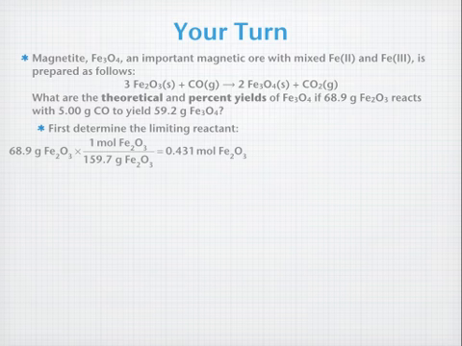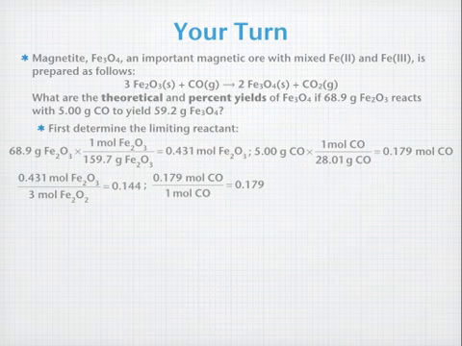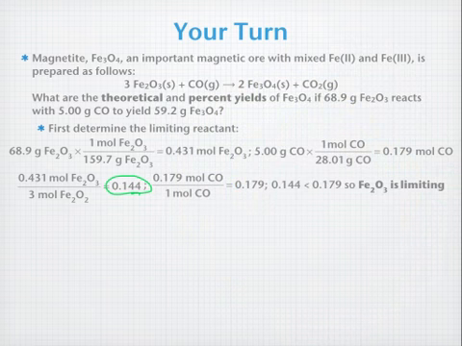So the limiting reactant, the moles of the Fe2O3 and the moles of the CO. Let's find those mole equivalents, 0.144 for Fe2O3, 0.179 for carbon monoxide, and so the Fe2O3 is the limiting reactant because the 0.144 is less. So now the Fe2O3 controls all the rest of the calculations.